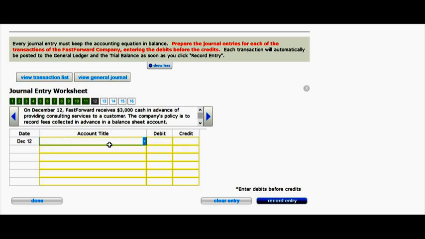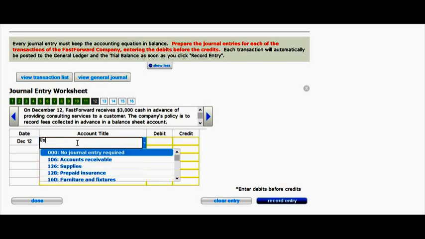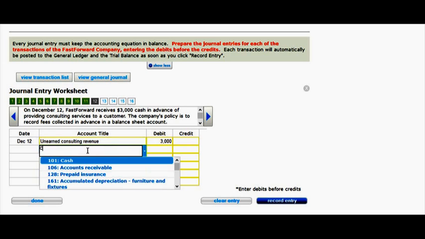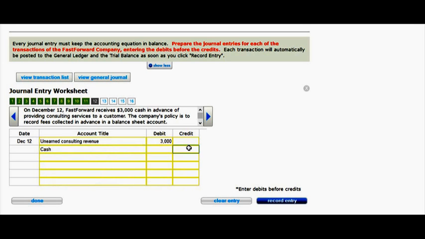On December 12th, Fast Forward receives $3,000 cash in advance of providing consulting services to a customer. They have not done the work yet, so it isn't earned yet. It is unearned consulting revenue. However, they got the cash, and so I just did this backwards. I didn't do it backwards on purpose.